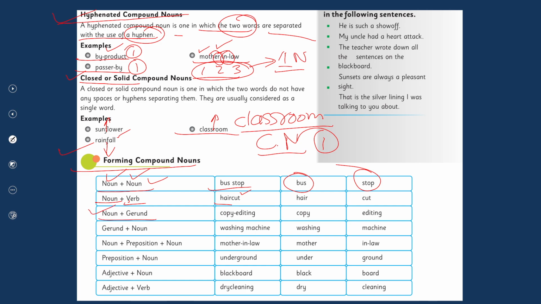Noun plus gerund ending in ing, gerund plus noun, noun plus preposition plus noun, like mother-in-law. We have noun, preposition in, and then our noun, mother-in-law. Preposition plus noun, adjective plus noun, and adjective plus verb. So in these 8 ways, you can create compound nouns.